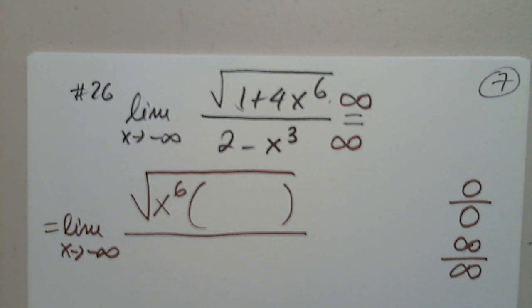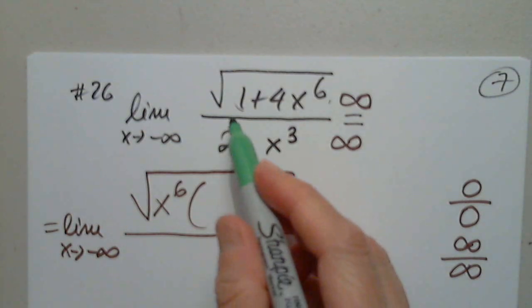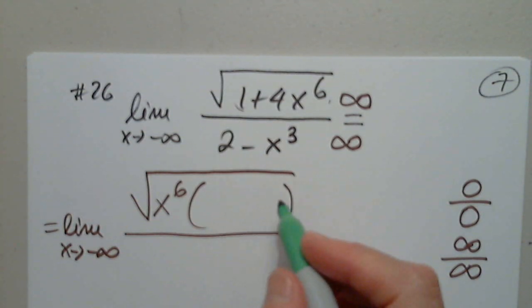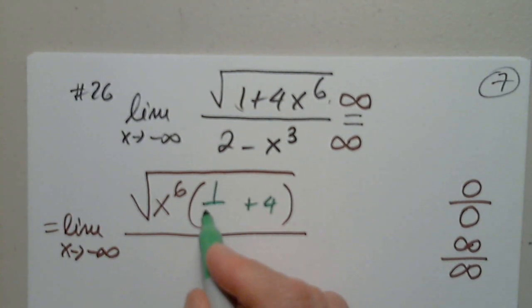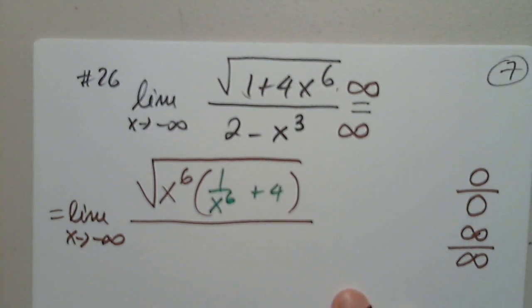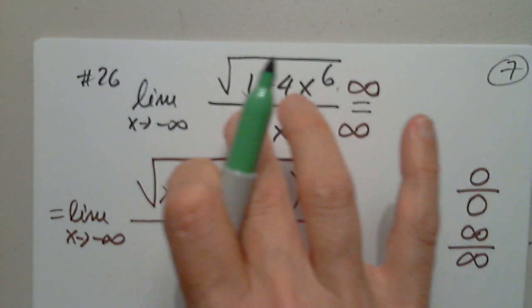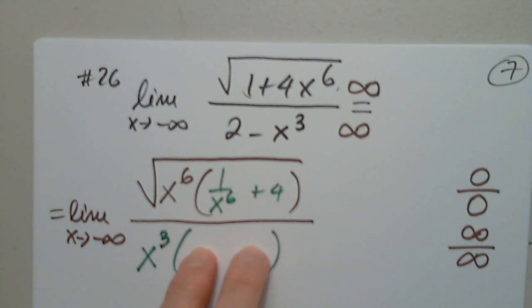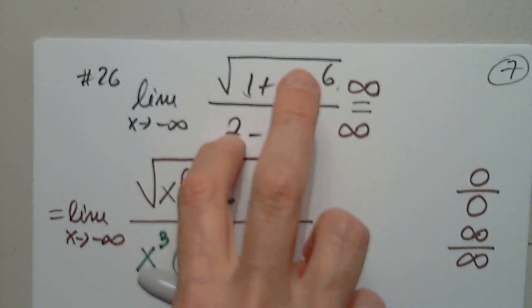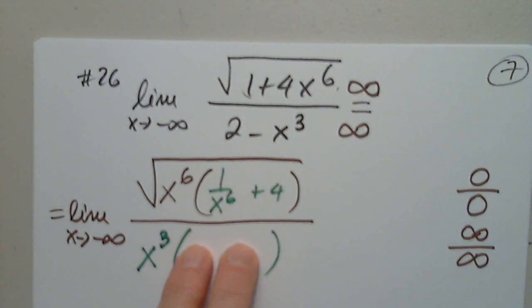Yes, ready? 4. So this one is 4, but what about the first one? 1 over x to the 6th. Awesome. Perfect. Brilliant. Now, what is the degree in the denominator? 3. Yes. So I have to factor out x to the third. Now I need two terms such that this times this is this, this times this is this. Of course with minus in between.